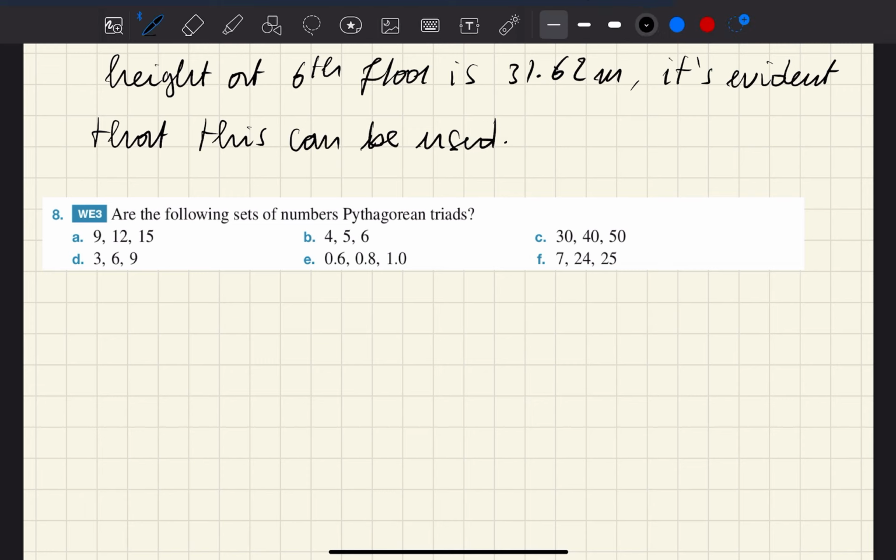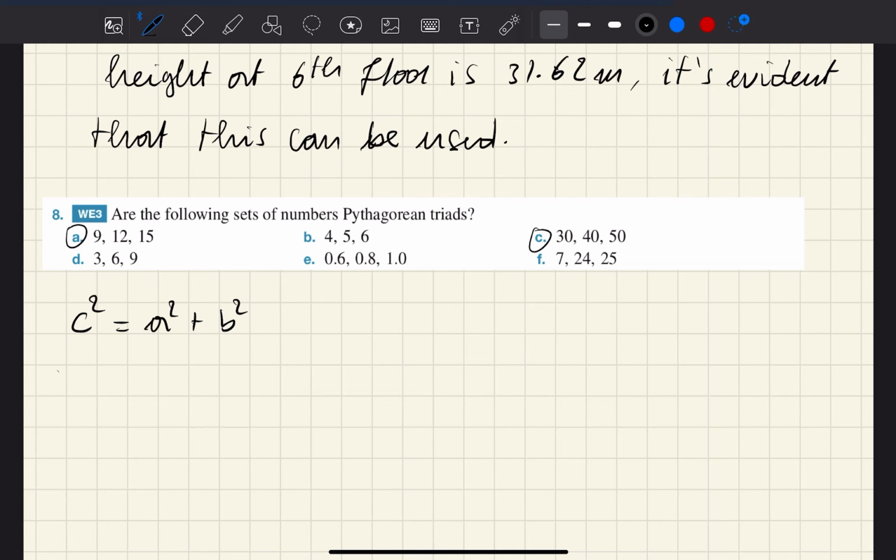If you've got these three numbers, the theorem says c squared is equal to a squared plus b squared. If you substitute these numbers, would they be equal? You always take the largest number, which is 15. We'll try a and c to see what happens.